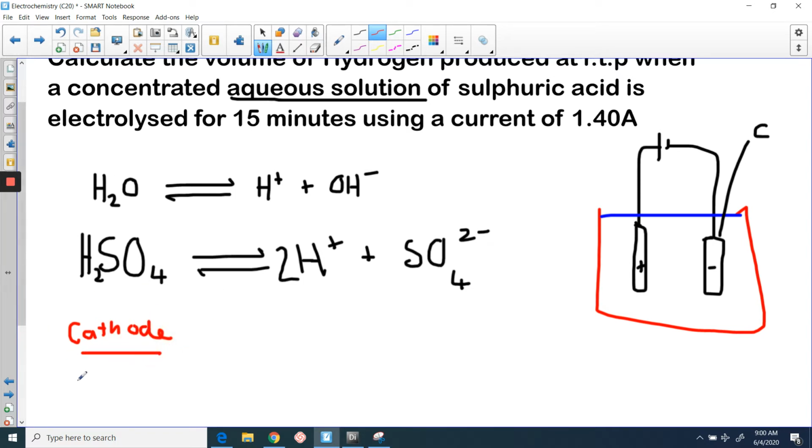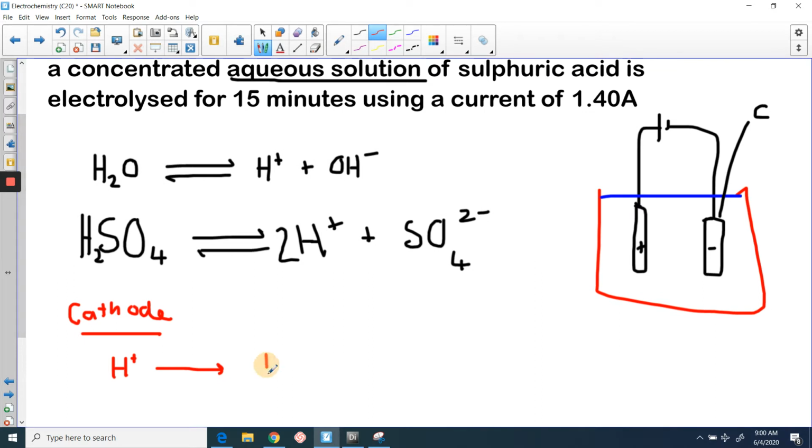So we've got the cations going there, and what is going on there? Well, you tell me what's going to happen here. That's right, they're going to produce hydrogen gas, okay, remembering that hydrogen is diatomic, therefore you're going to need 2 ions going in to make a molecule of hydrogen.